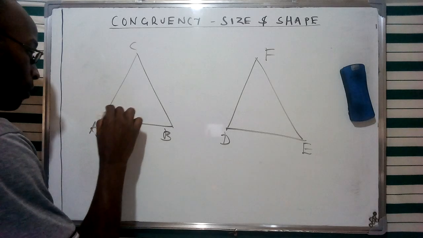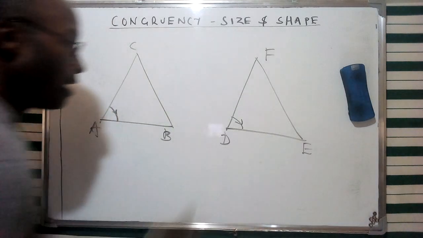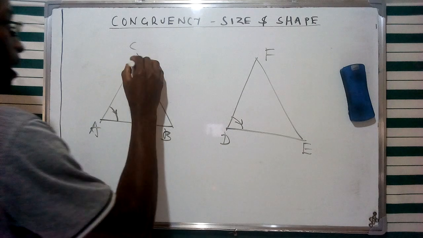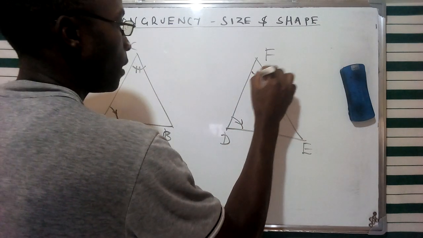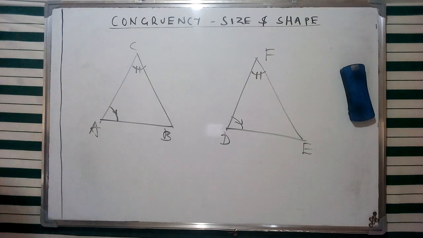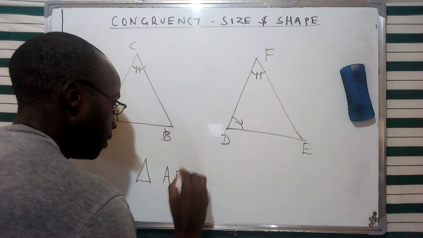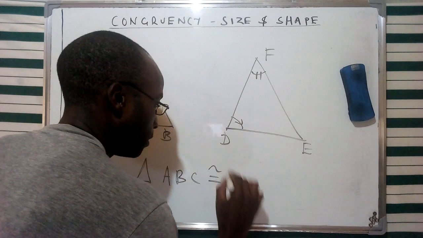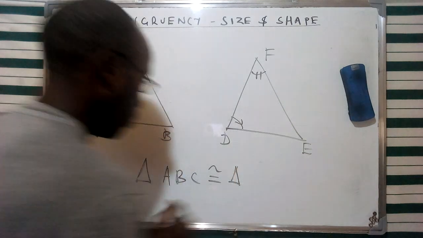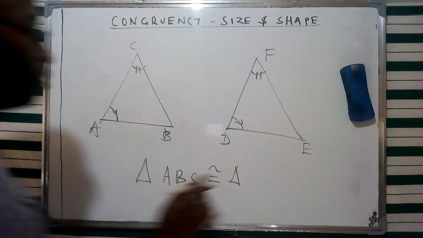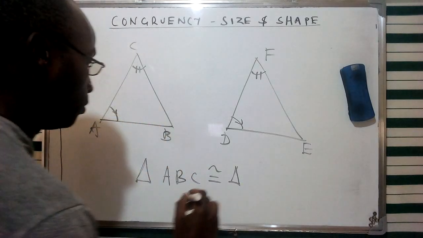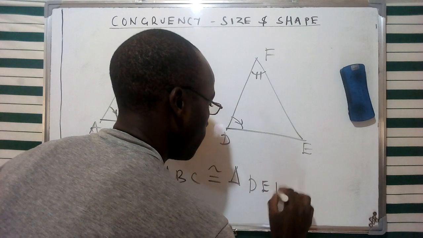If this angle and this one are the same, and angles C and F are the same, we can describe the relationship by saying triangle ABC is congruent to triangle DEF.